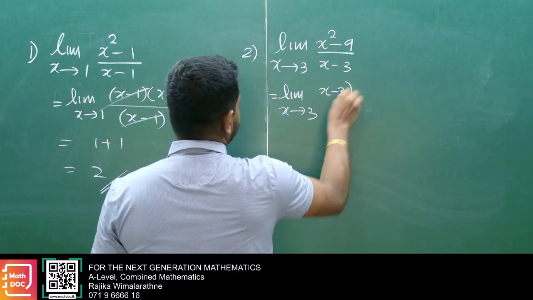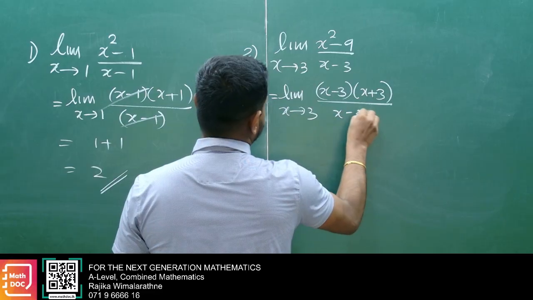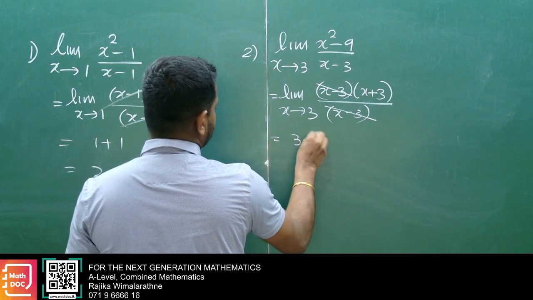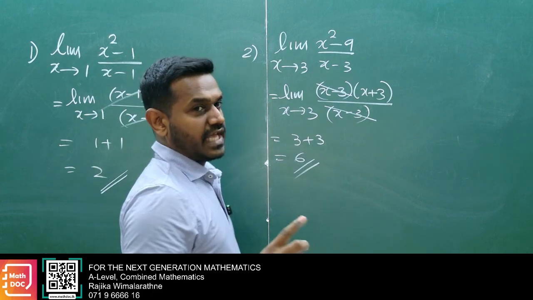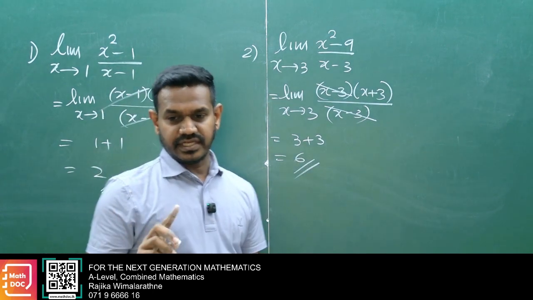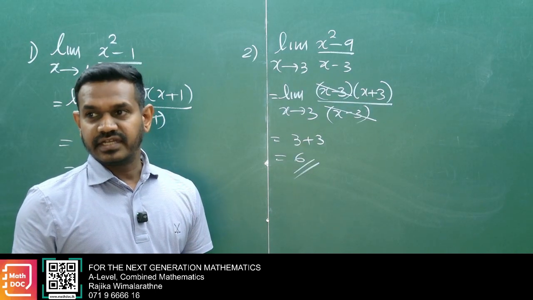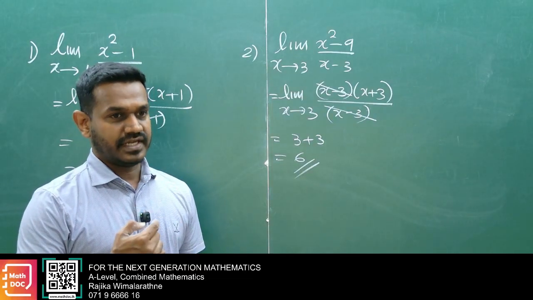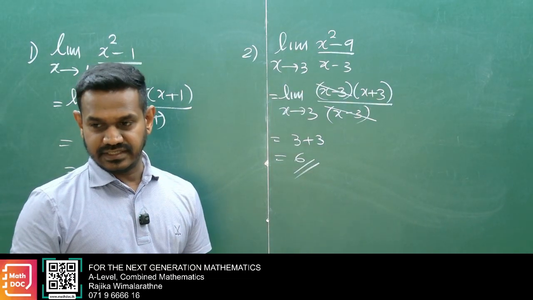Here x minus 3, x plus 3, difference of two squares, cancel the common factor x minus 3, then substitute: 3 plus 3, 6. For these two cases we have a theorem, but for now we don't use the theorem, we just use the simplification technique. When evaluating a limit, we have special simplifications. This is one type of simplification: factorization and cancelling the factor, that's it.